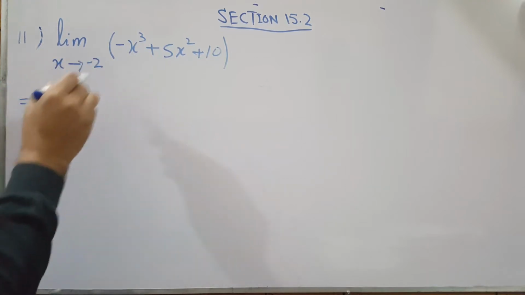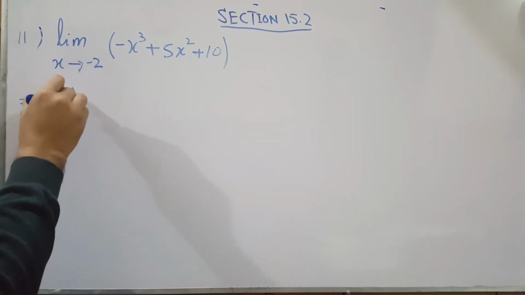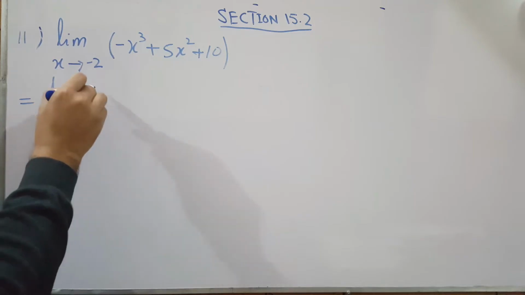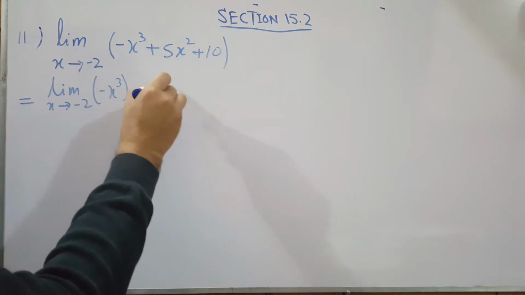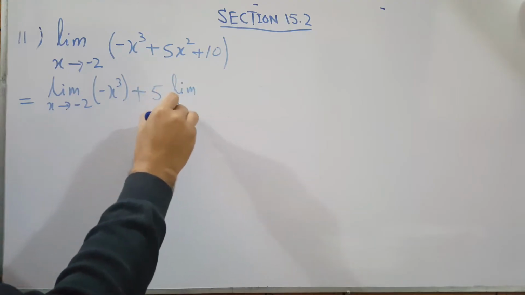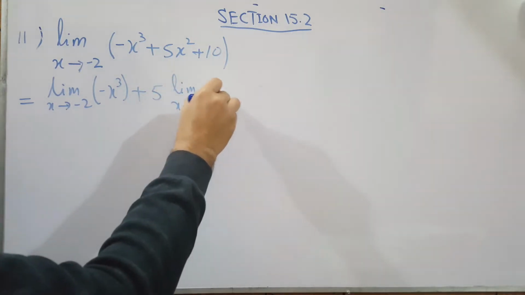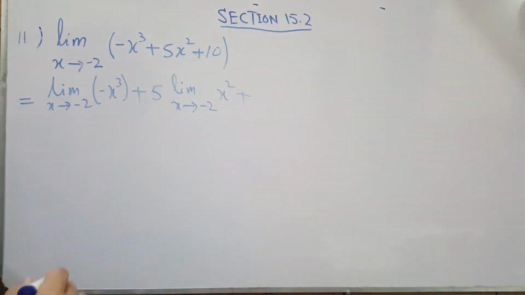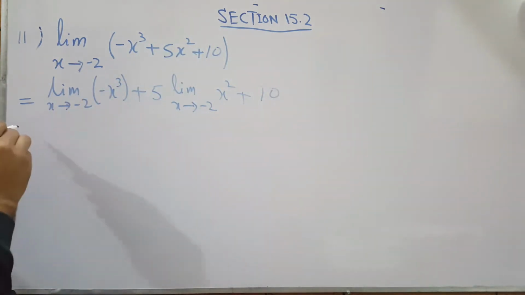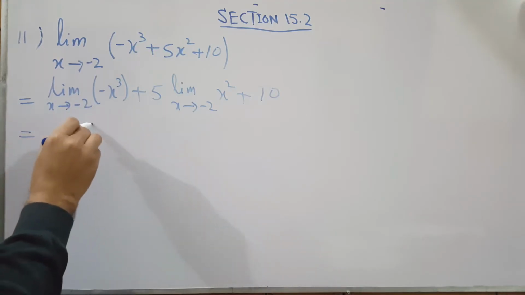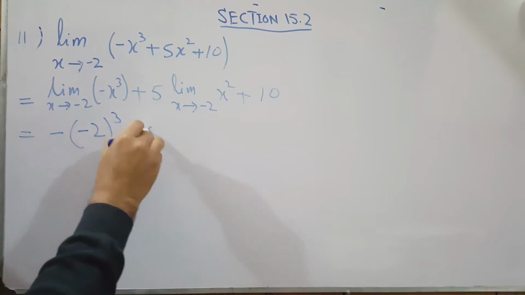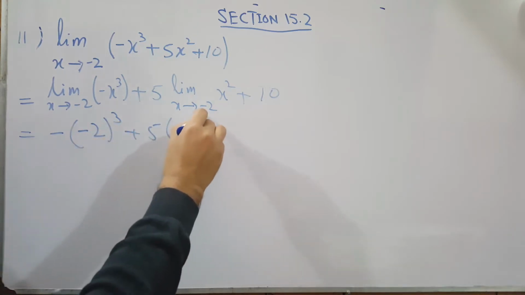This one again, apply the limit separately on each term, or you can say on each function. I'll take out straight away the 5, and since it's a constant, it will give us the constant. I don't want to apply the limit here because you know the rules now. So minus, apply the limit, 5 minus, apply the limit.